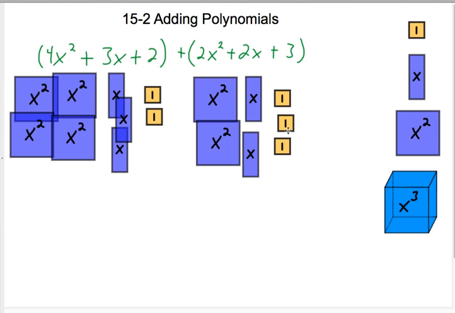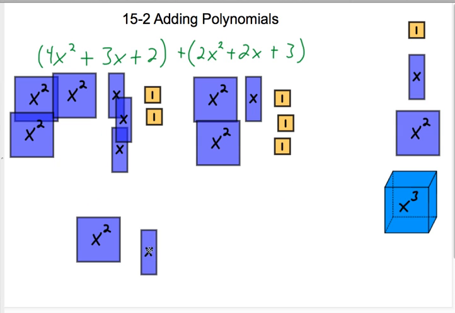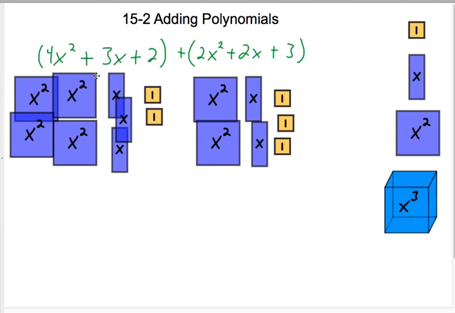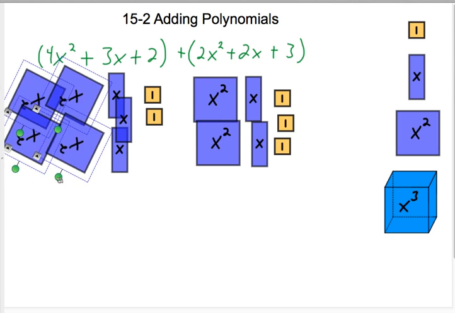What's nice about the algebra tiles, it makes it really obvious what things can be combined by addition and what things cannot. It's pretty obvious that this x and this x squared can't be combined because they're not the same thing. So when you add them together, you're not going to get 2x squared x because they're just not the same thing. So we can combine all the x squareds.